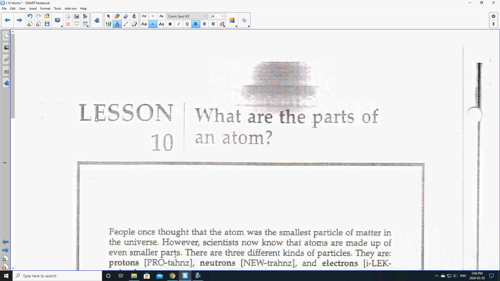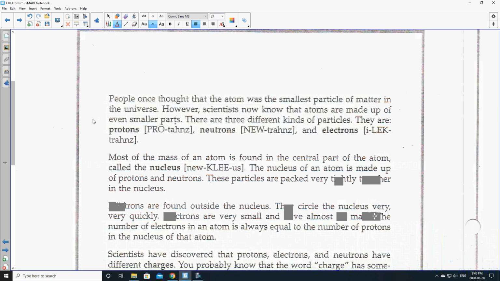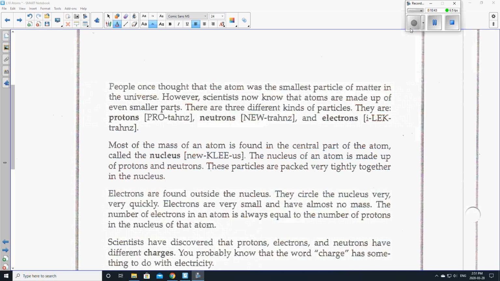Okay, so what are the parts of the atom? Let's read this together. Please follow along and try to read while I read as well. People once thought that the atom was the smallest particle of matter in the universe. However, scientists now know that atoms are made up of even smaller parts.